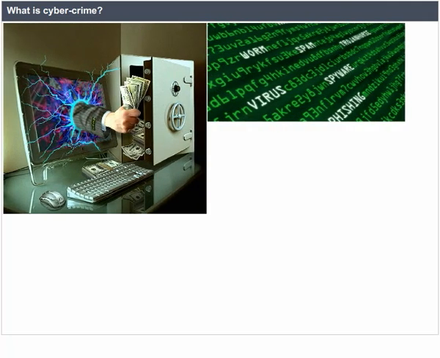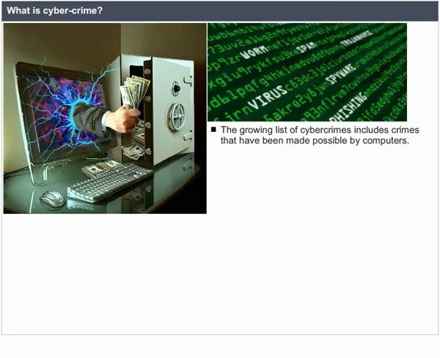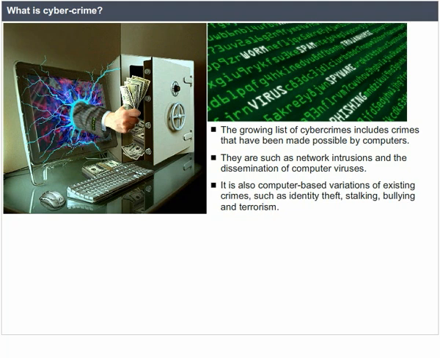What is cybercrime? The growing list of cybercrimes includes crimes that have been made possible by computers, such as network intrusions and the dissemination of computer viruses. It also includes computer-based variations of existing crimes such as identity theft, stalking, bullying, and terrorism.